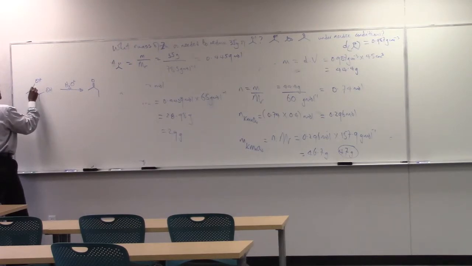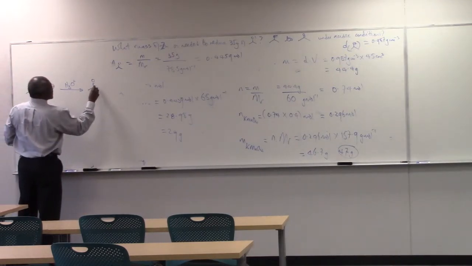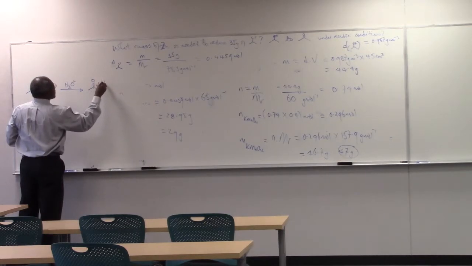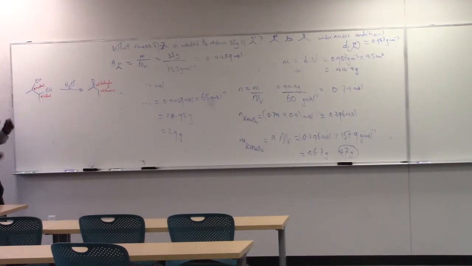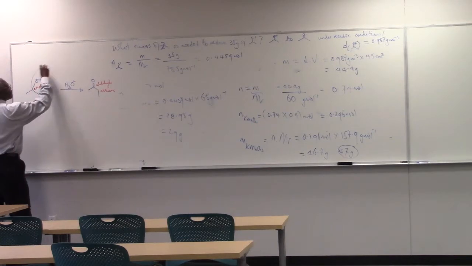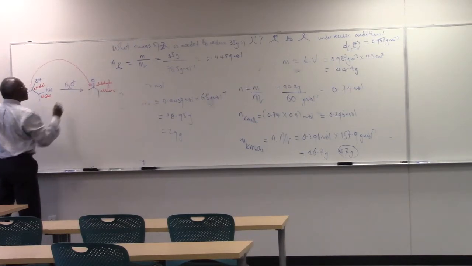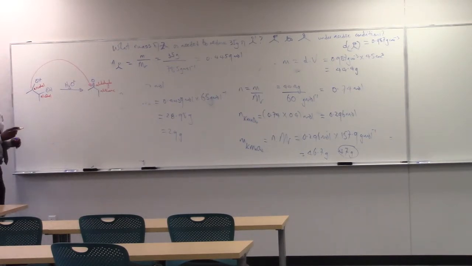So this is at the alcohol level. And this is at the alcohol level. This is at the aldehyde level. And this is at the alkane level. So what happened? In going from alcohol to aldehyde, that's an oxidation.